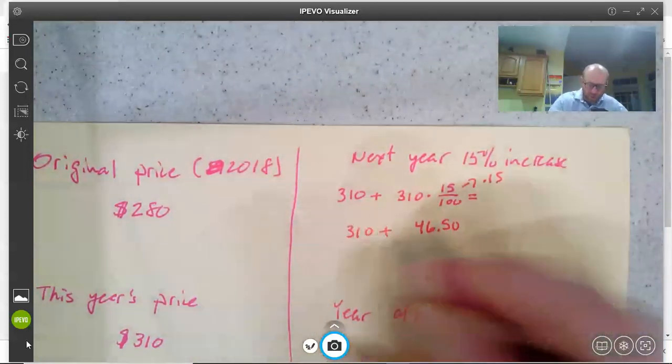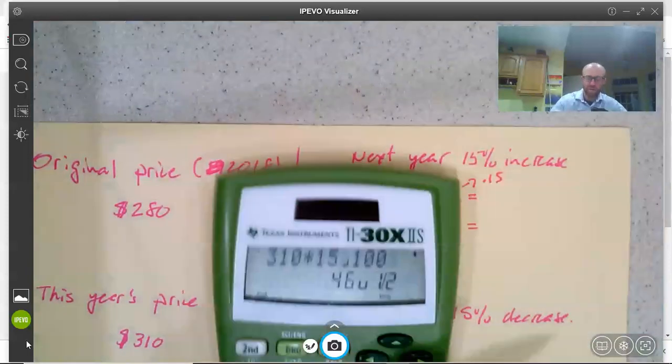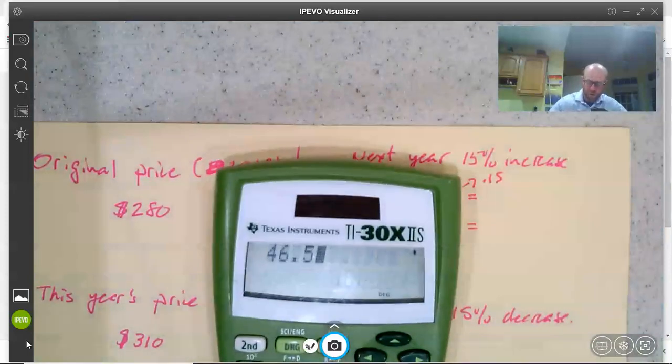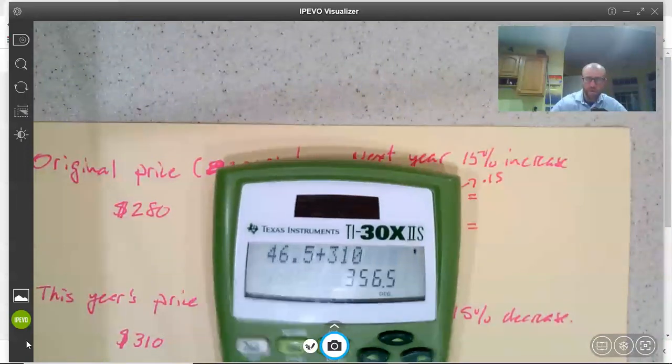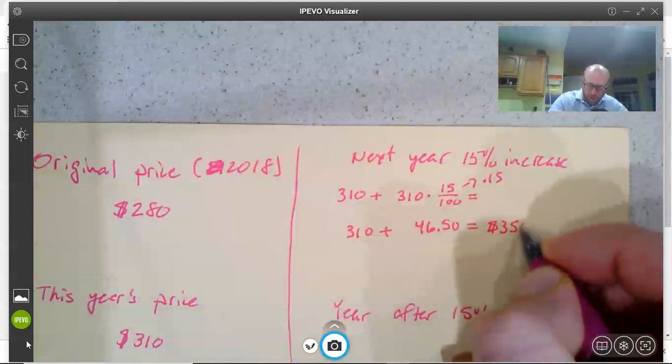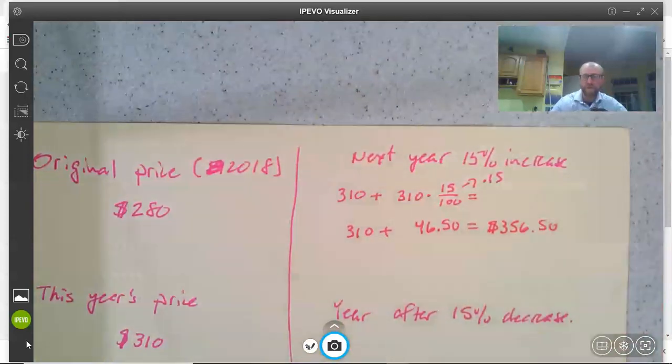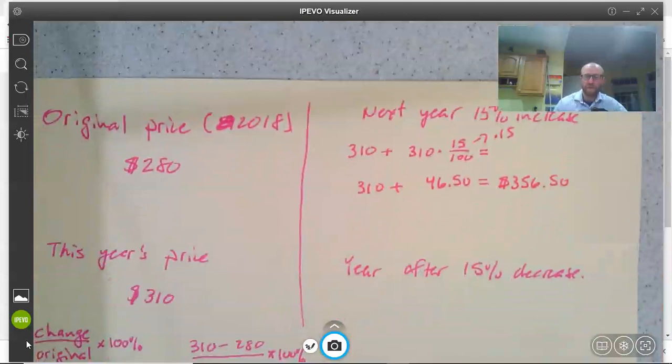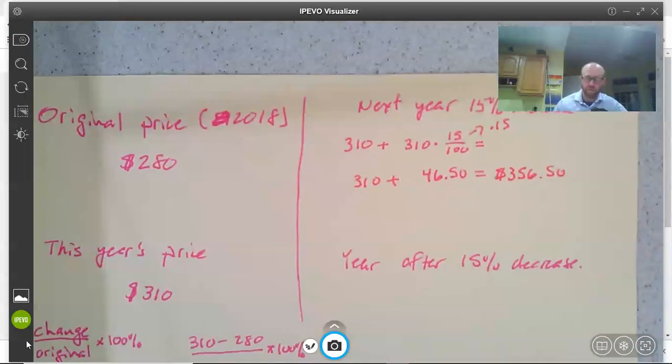So that's 310 plus 46.5. So 46.5 plus 310 gives us $356.50.